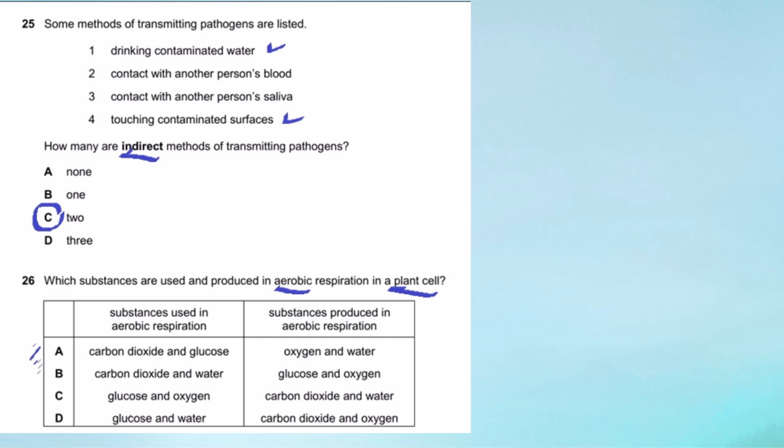That sounds good. D says glucose and water. Well, we like the one with glucose and oxygen. What is produced then? Okay, carbon dioxide and water. That sounds nice. Carbon dioxide and oxygen is wrong. So the only possible answer here is C.